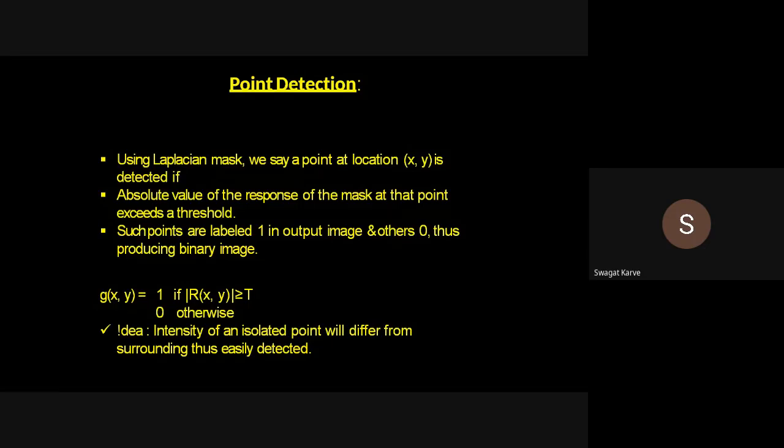Which are those? First is image thresholding, second is edge segmentation, and third is region segmentation. Now what is the difference between these three categories?